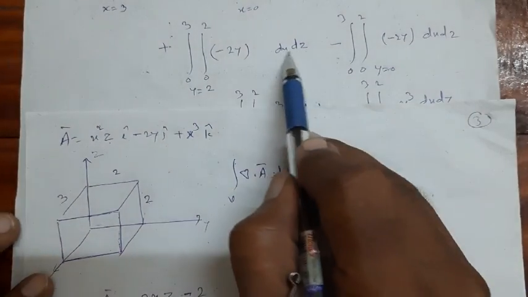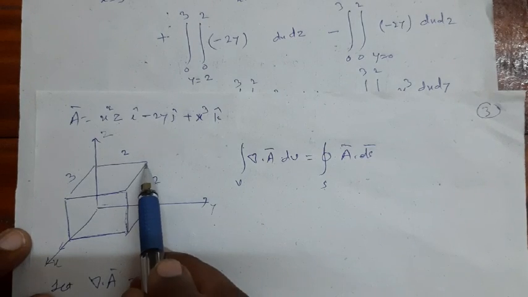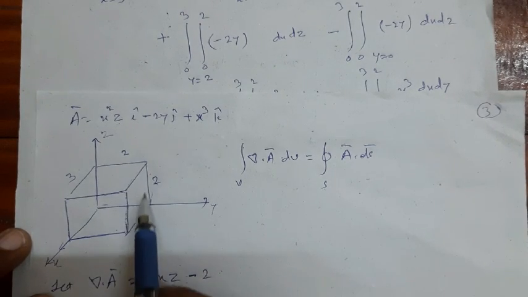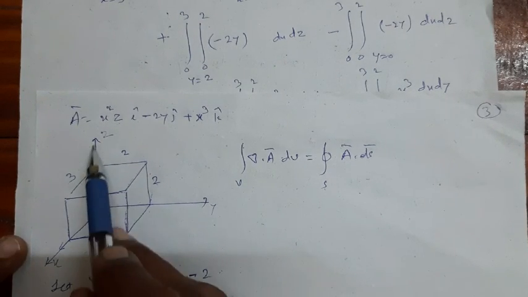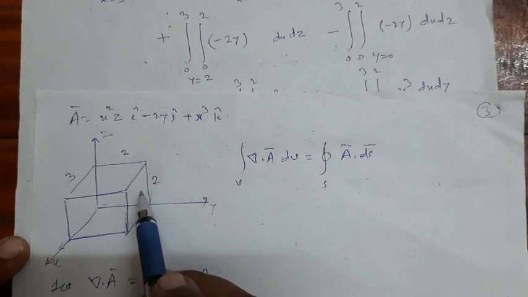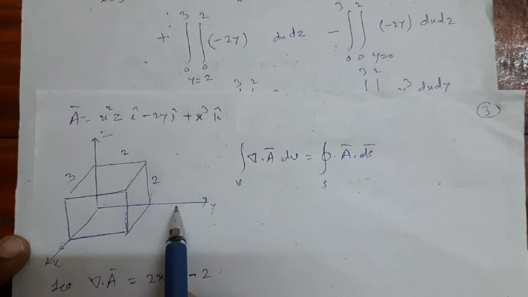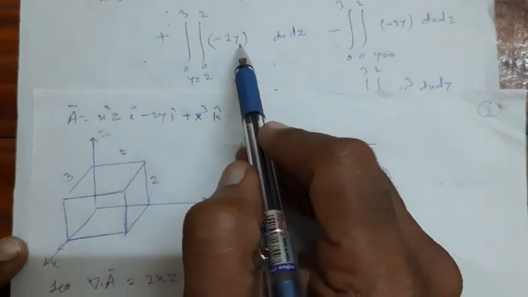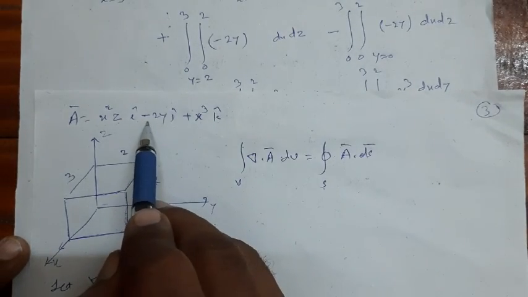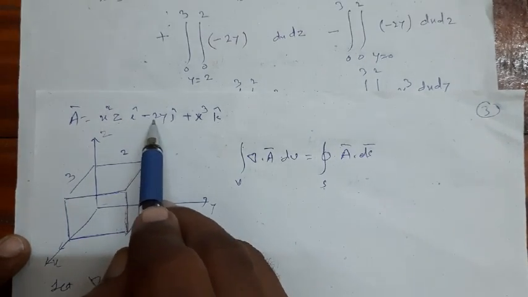If I think about dx dz, if I consider the right surface, then the right surface is parallel to the xz plane, and therefore the element is dx dz. As it is to the right, it is plus j cap. But if I think about the dot product with A bar, it is minus 2y.